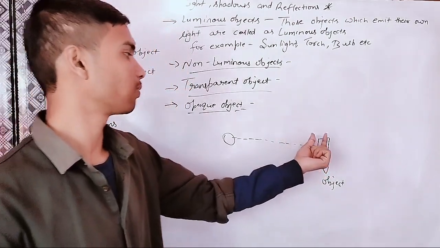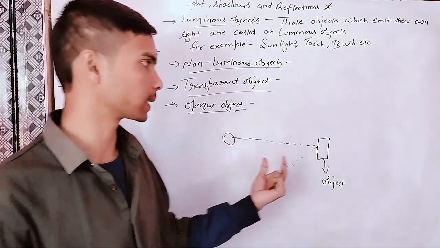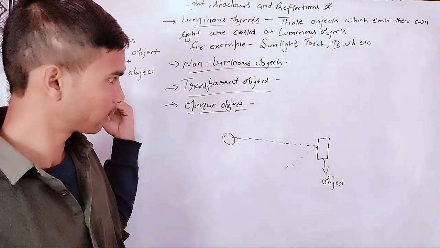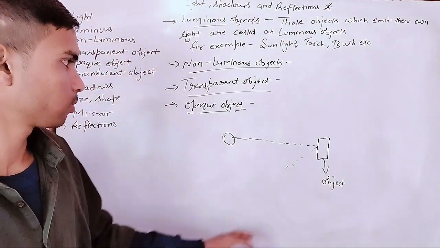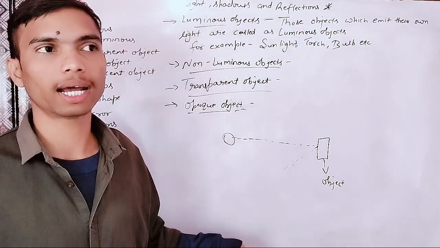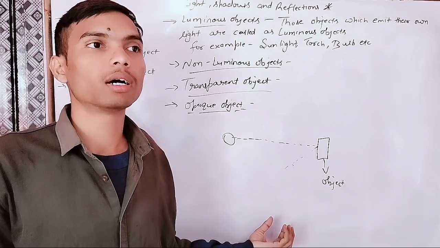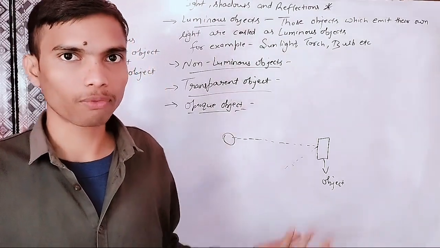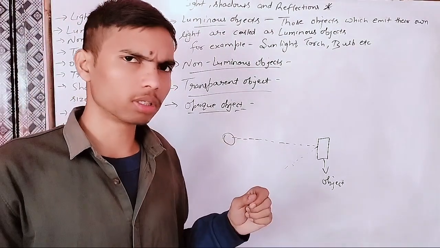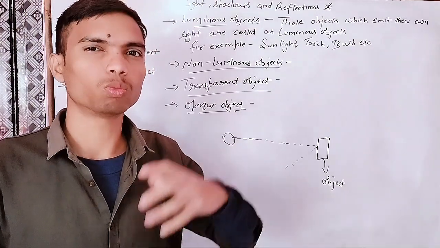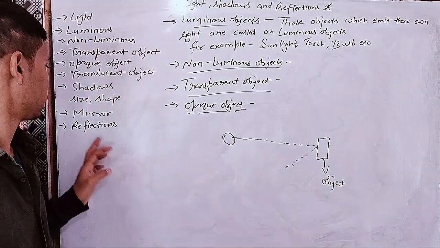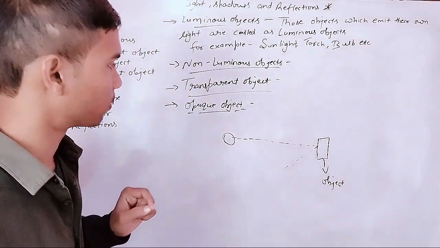The light will turn into another direction. This is also a definition of reflection, but we will understand reflection when we come to that point.